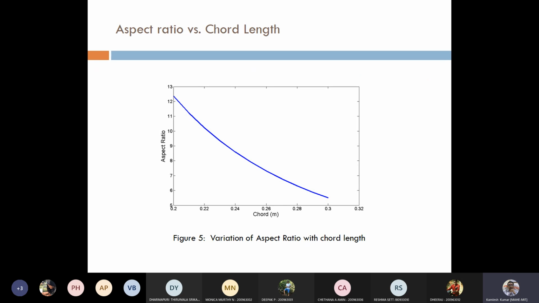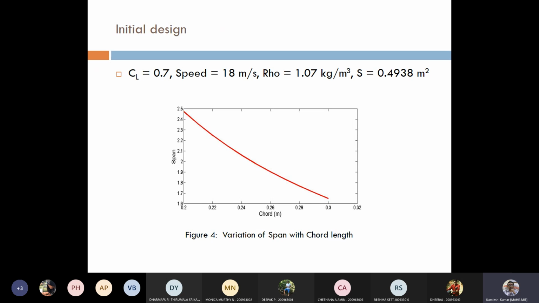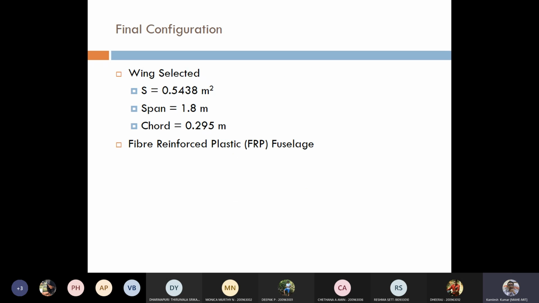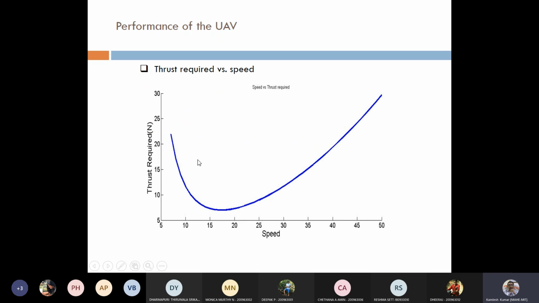So these are just variations in aspect ratio, wing span, and wing area. This is around 2 meters, approximately 2 meters, with this chord. Then you will see the V curve for thrust required.